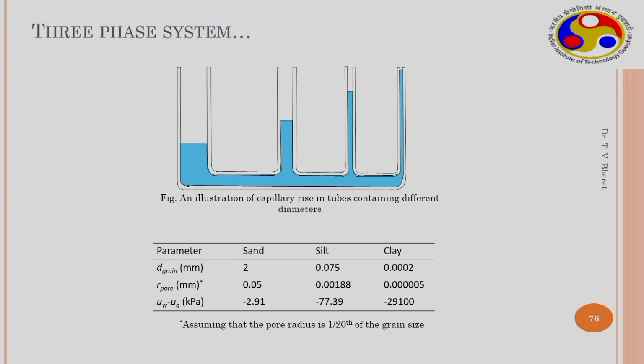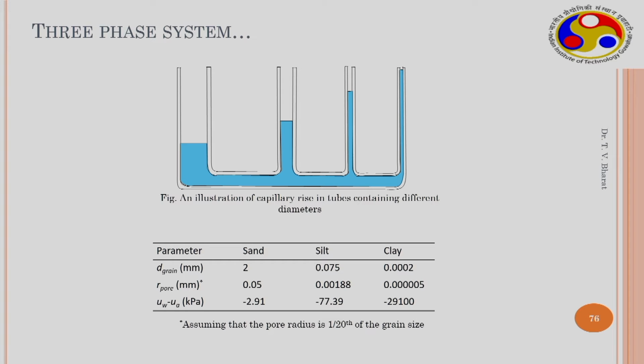We have discussed capillary rise in capillary tubes of different radii.